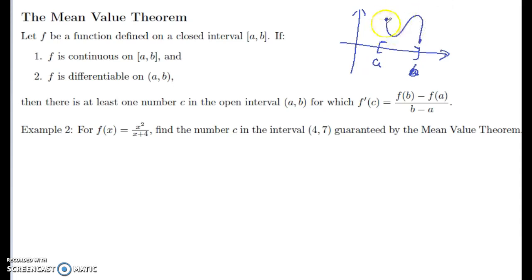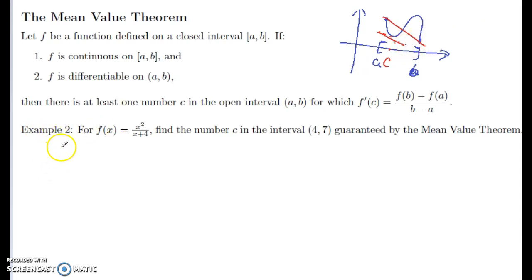What it tells us is that if you have the secant line that passes the points a comma f of a and b comma f of b, there is a point c in the interval ab such that the tangent line will have the same slope. And they are parallel to each other. So this is what the mean value theorem tells us.